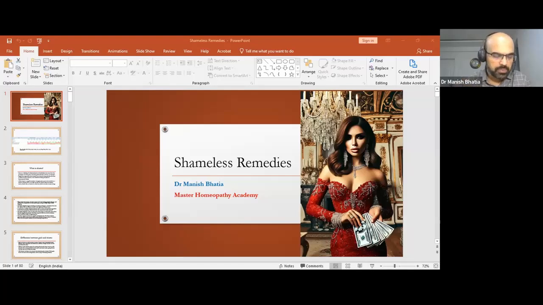And it becomes very important to choose the right remedy, to differentiate between these remedies, because sometimes when you are repertorizing, you get two remedies from the same rubric which are very close, and you are not sure which one to give. At that point of time, if you understand the essence of that particular remedy, if you understand the proving symptoms, if you understand the core character of that remedy, it's very easy to differentiate.